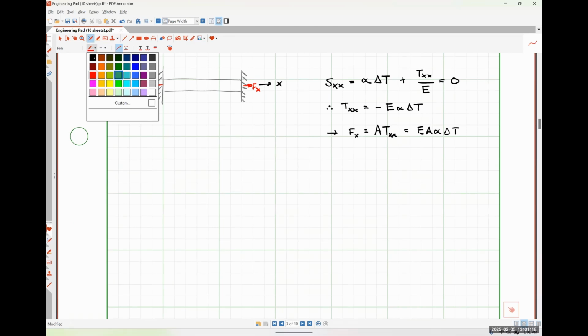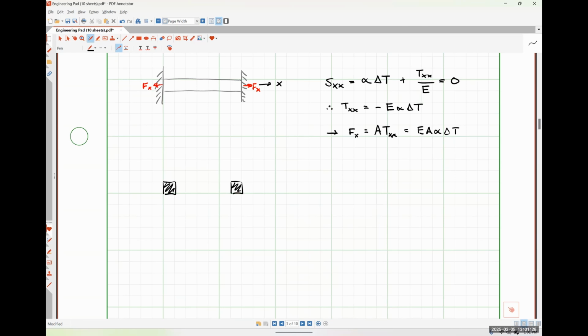So something like this. So let's say that I have an anchor here and an anchor over here, and I manufacture through probably surface micro machining something that looks like this.